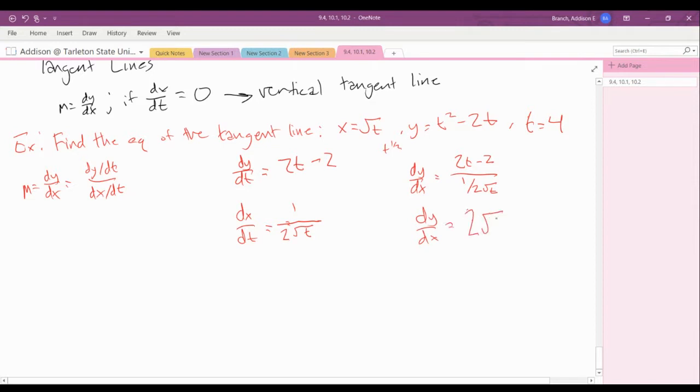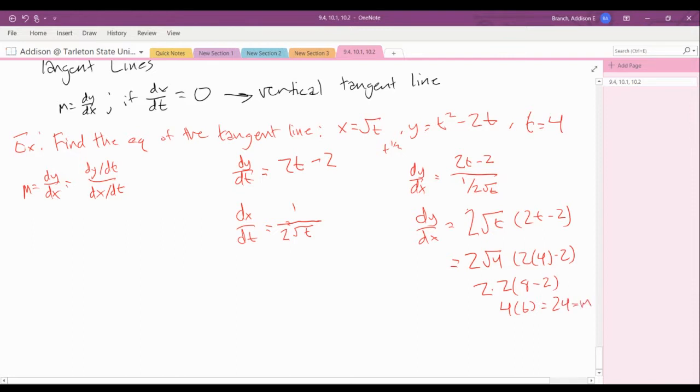So we have 2 square root of t times (2t minus 2). Now we just plug in our value for t. We get 2 times square root of 4 times (2 times 4 minus 2). 2 times 2 times 8 minus 2, 4 times 6. So our slope is going to be 24.